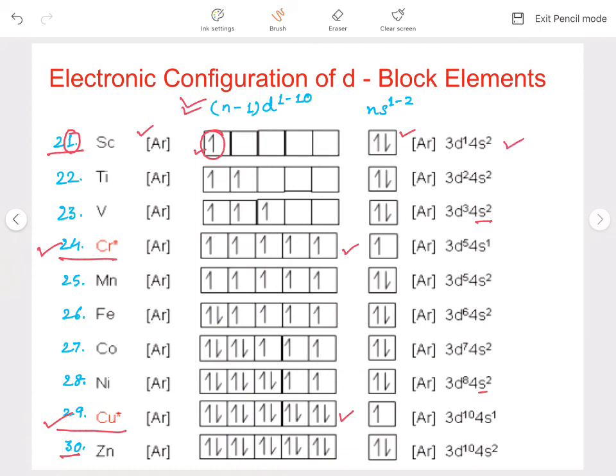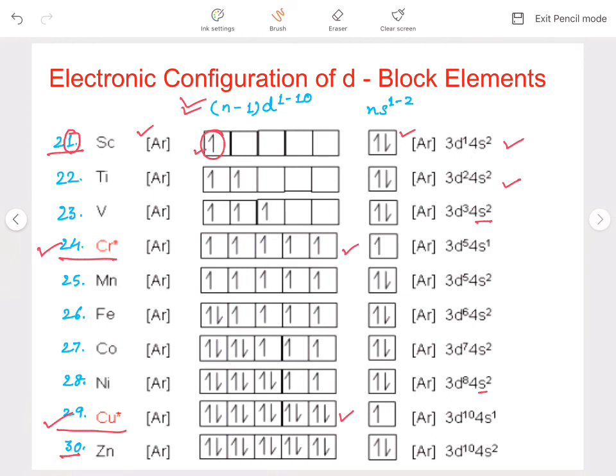So argon 3d1 4s2 for scandium, then argon 3d2 4s2 for titanium. Now some children make a mistake here, they write 4s2 and 3d1. You have to follow the sequence 1, 2, 3, 4. This is the proper way of writing, though s is filled earlier.